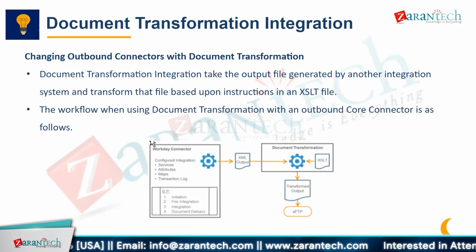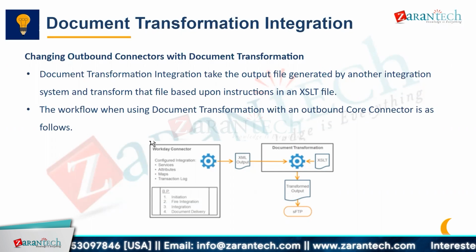So the workflow when using document transformation with an outbound core connector is as follows. You take the Workday connector, either inbound or outbound. If it's inbound, it's coming from an external system. If it's outbound, your source is Workday itself. You take the output document of that, apply your XSLT transformation on top of that document, then have a transformed output, and then you can send it to the SFTP, or if it's going to another integration as a step or another document, however you want to set up your integration.